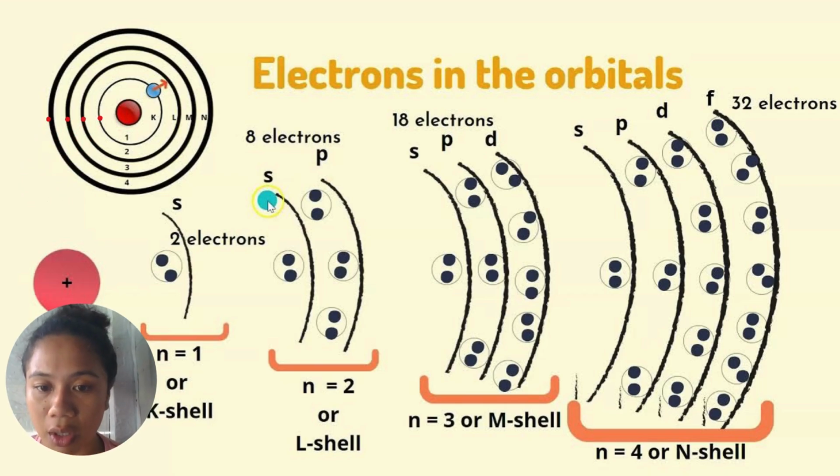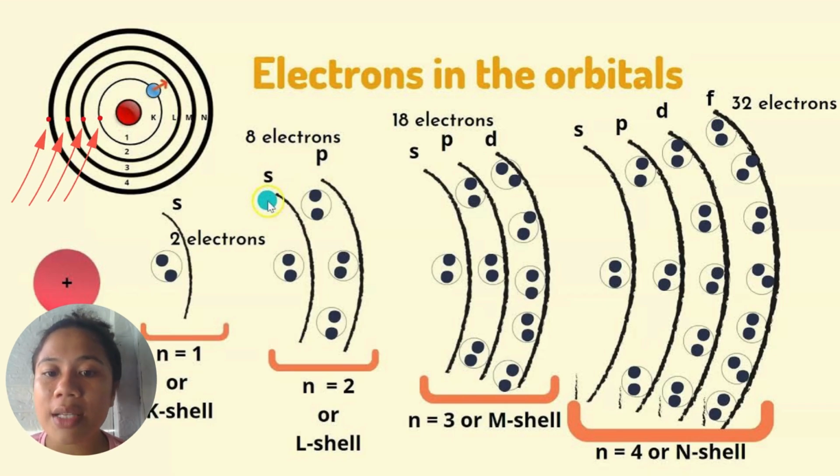That means the L shell carries two orbitals, or two subshells. Since it carries two subshells, it has the subshell S and also the subshell P. And always remember, the S subshell always carries a maximum of two electrons.